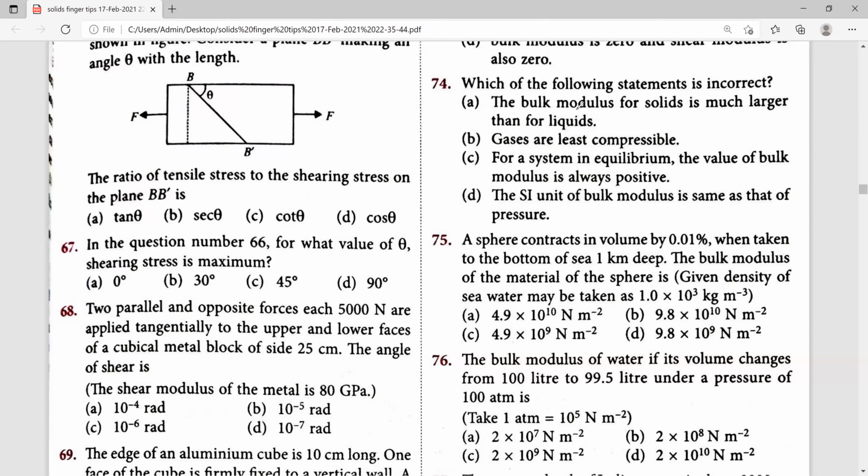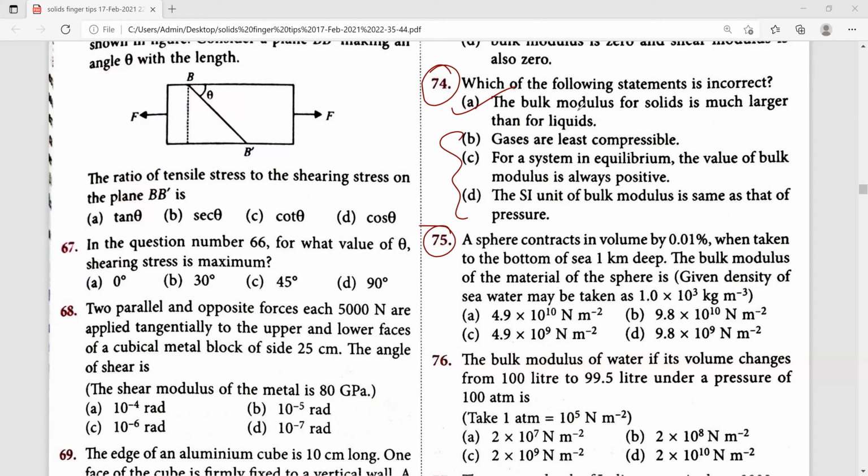Therefore, all other statements are correct. Since they asked to choose the incorrect one, the 8th one is incorrect. The remaining are all correct options.